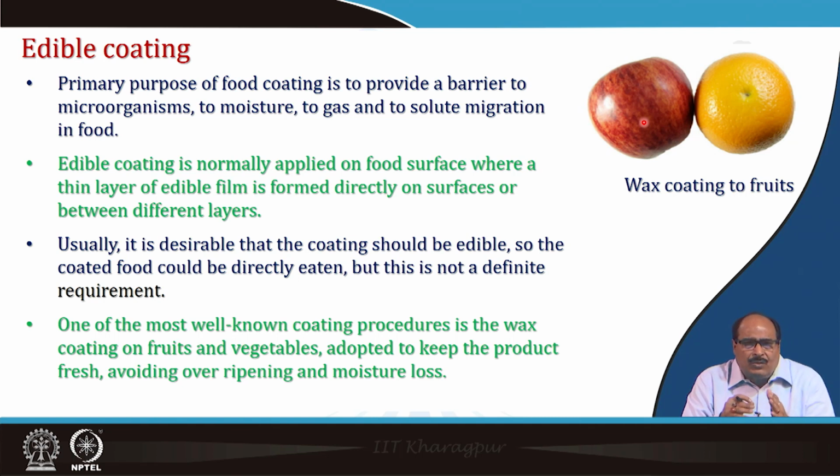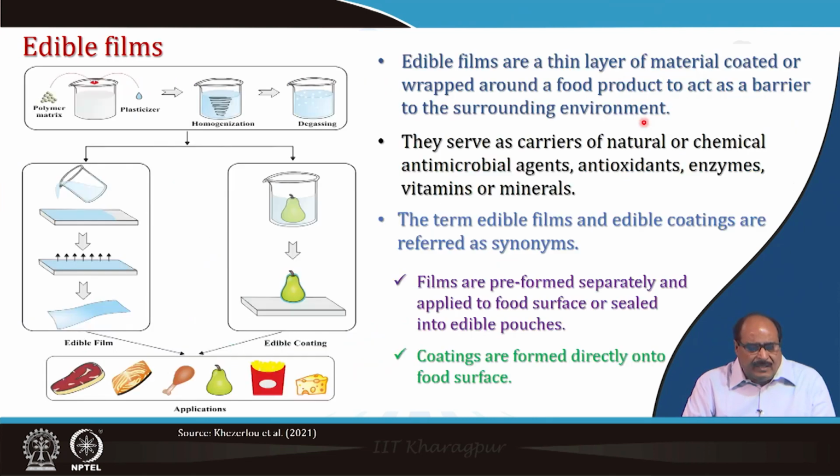One of the most well known coating procedures is, as I told you, wax coating on fruits and vegetables, which is adapted to keep the product fresh, avoiding over ripening and moisture loss. However, the wax coating has certain problems not liked by consumers, that is sensory effect and other things. So, now the replacement of wax is being done by the edible materials.